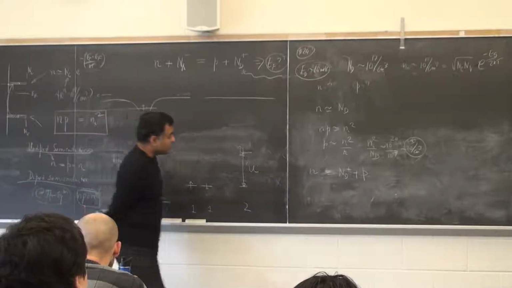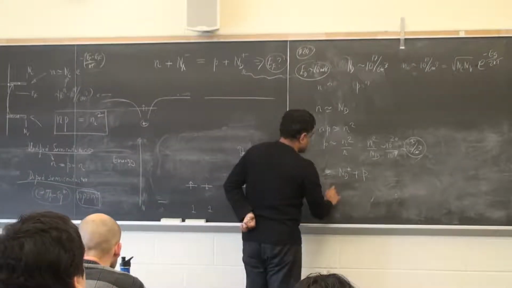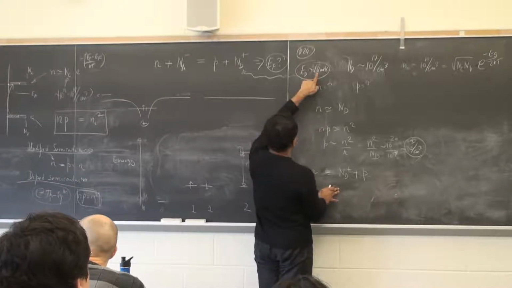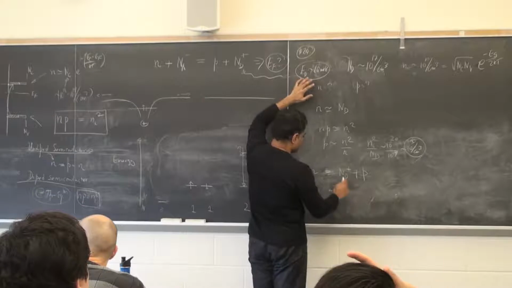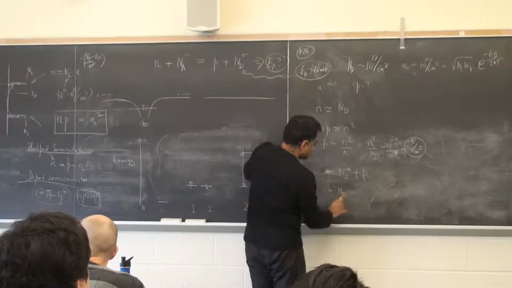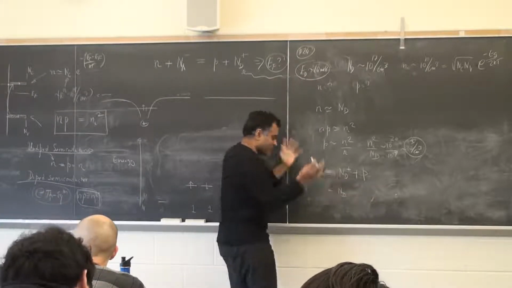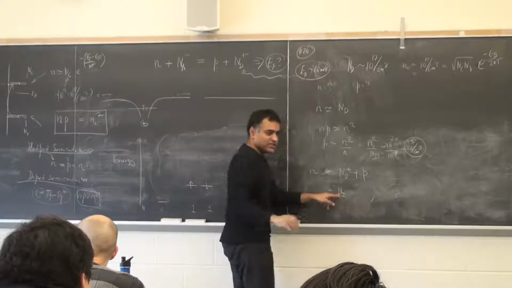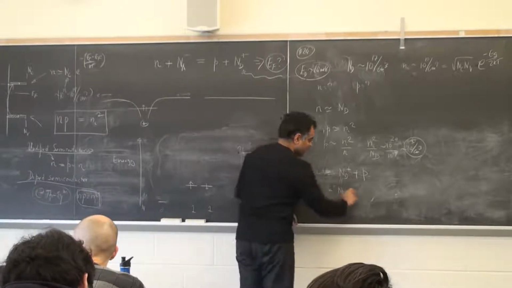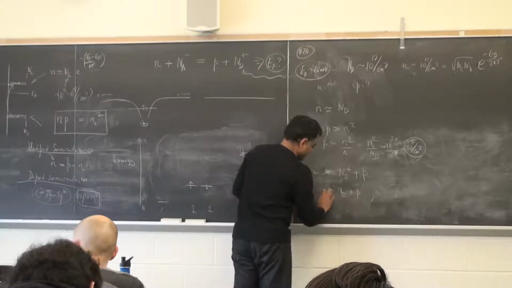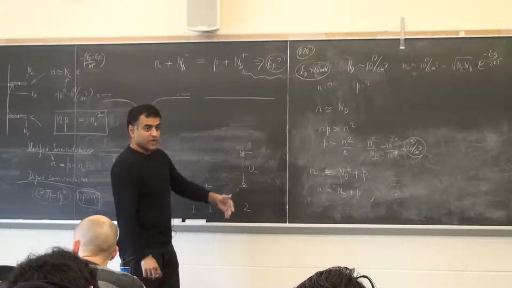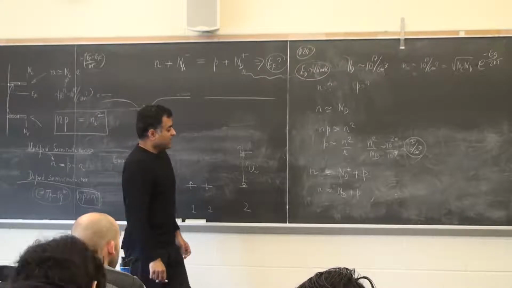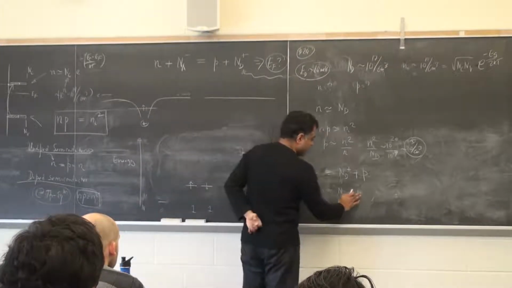So now, let's say I have chosen a donor. I can use this 10 MeV and write it exactly. Let's say I make it even smaller, in which case I say ND plus is equal to ND. It's very close. Then I must solve an equation that looks like this. I'll put this as approximate. This is a little more accurate now. And what is P?